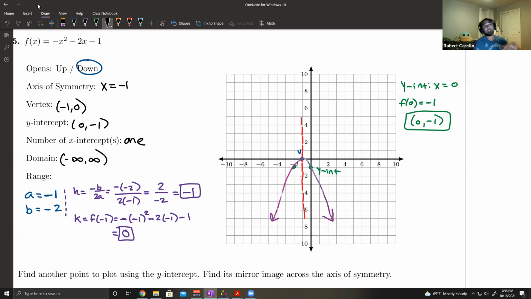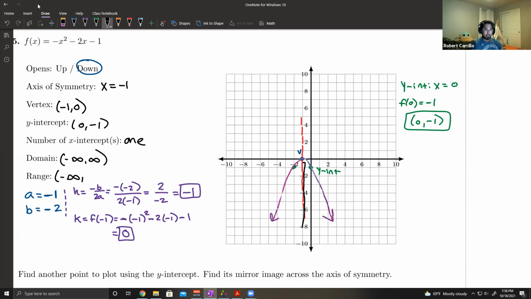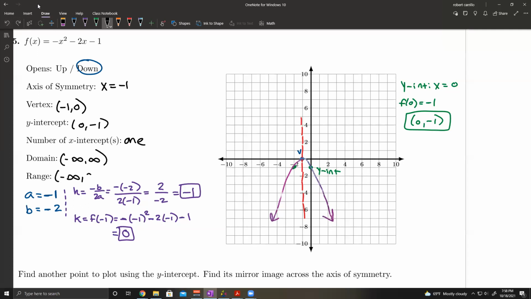And our range, since we open down, we have to start at negative infinity. And then we come up the y-axis and we stop at the y value of the vertex. What is our y value? 0. Yay. Cool.